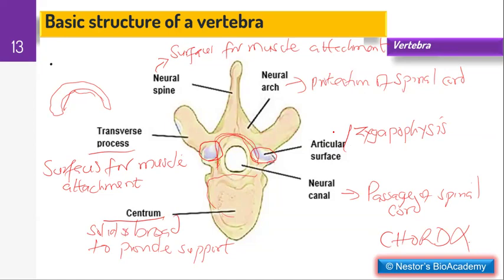And typically we expect a vertebra to articulate with two other vertebrae, one in front of it and one behind it. So the two articular facets we find at the front end of a vertebra, we always refer to them as prezygapophyses. But the ones found at the back end, we always refer to them as post-zygapophyses.